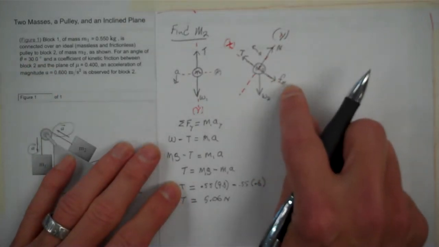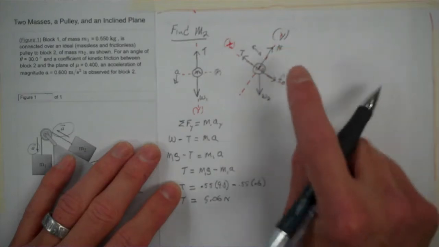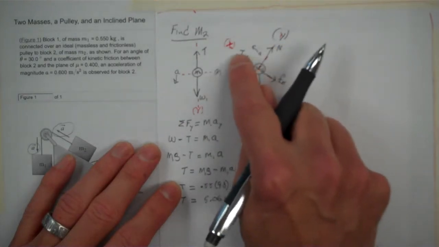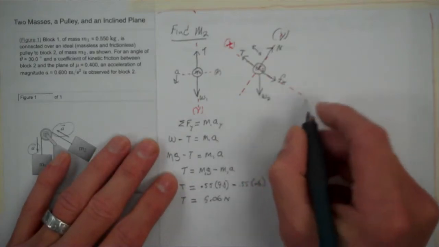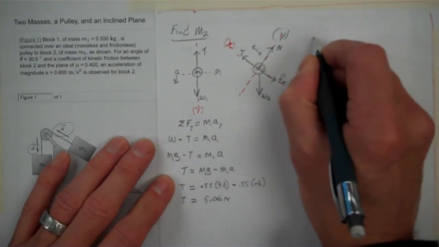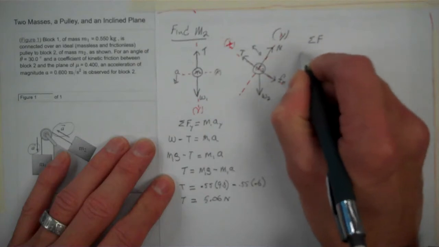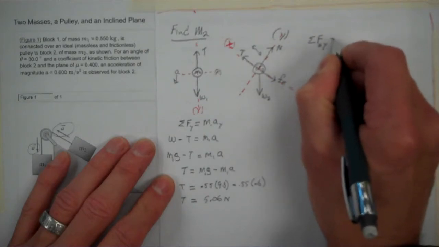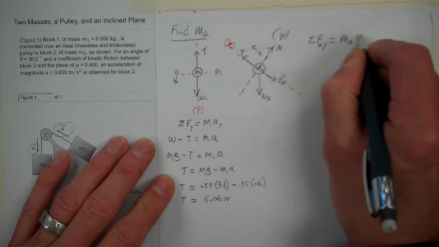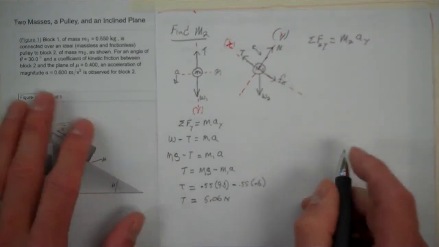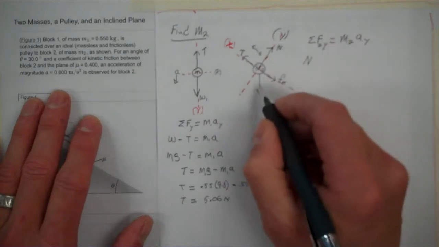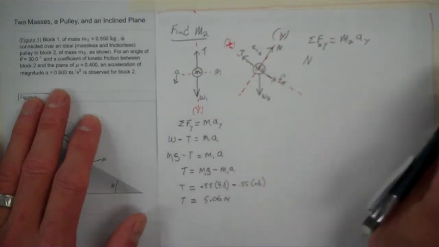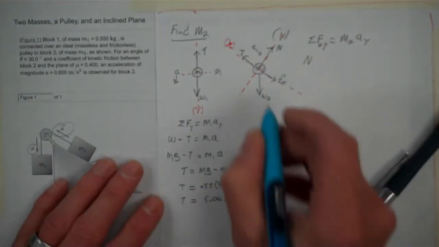Well, for friction, I think I remember I need normal for friction. So I'm going to need normal to do this. So I'm going to do the y first. So I'll do that up here. Sum of the forces on my block 2 in the y direction is m2 AY. In the y direction, I've got that normal in the positive direction. Then here, W is off the axis, so it's in both directions, right?